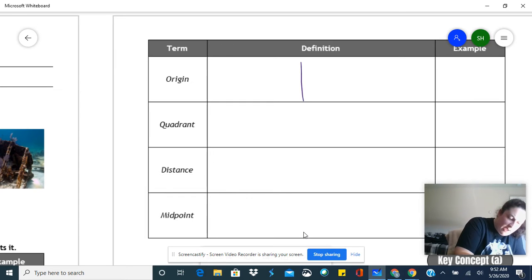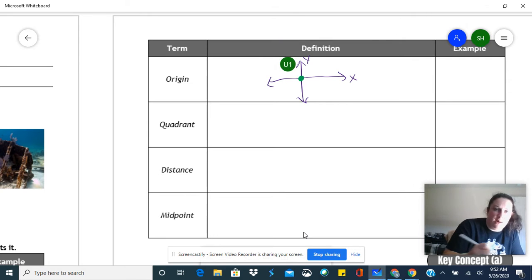So here's your x, y axis, right? X, y, where your coordinate plane. You have x and y right here. That's your origin. Your point of origin is always going to be (0, 0). Okay.